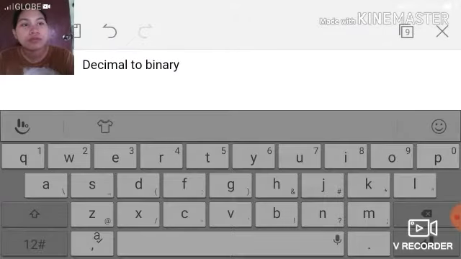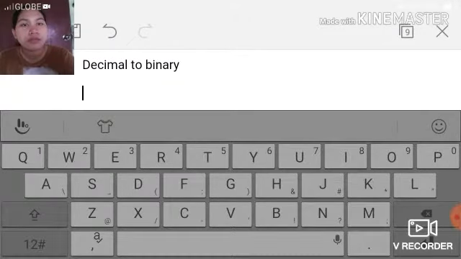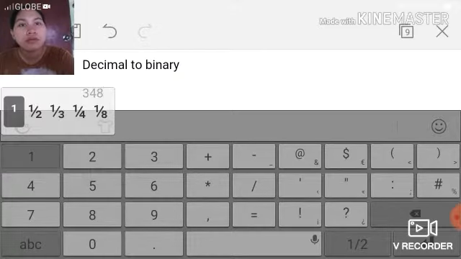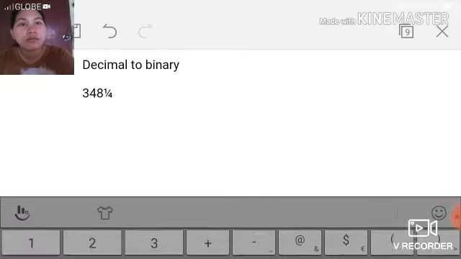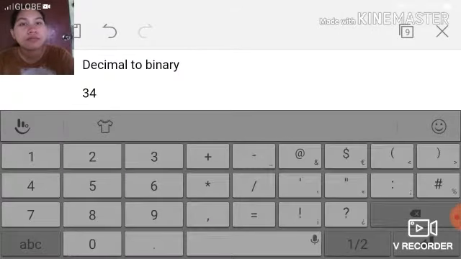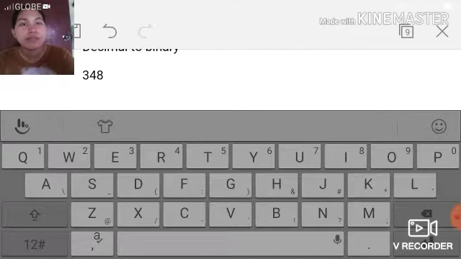Now, decimal conversion using successive division. For example, we have 348 decimal, which is base 10, and we're going to convert it to binary.